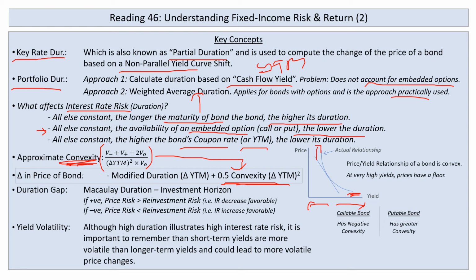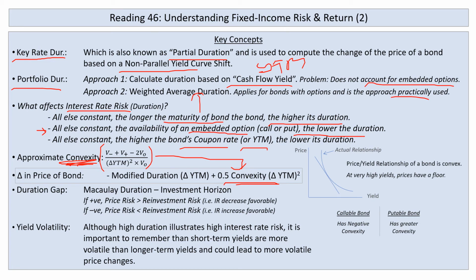So based on convexity, prices on bonds would decrease at a decreasing rate, as we see over here, and for yield decreases, prices would increase at an increasing rate. This is good for an investor. So this is why the effect of convexity over here is additive.